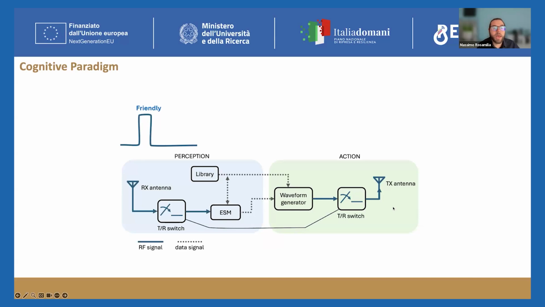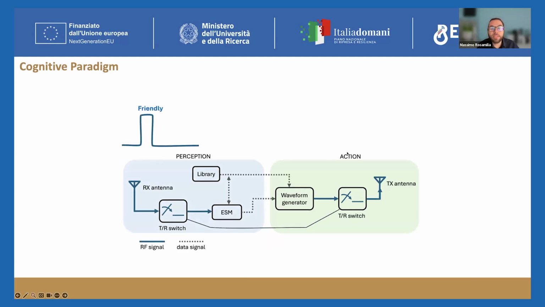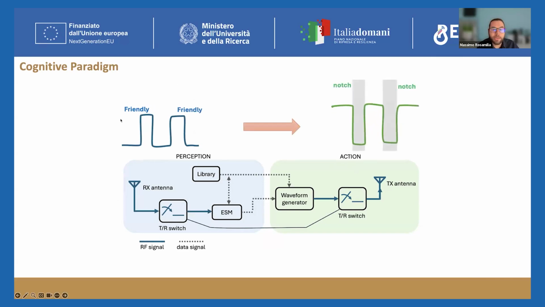So assuming that at the perception stage we recognize the presence of a friendly emitter, in the action stage our goal is to actually synthesize and then transmit a spectrally shaped waveform with a spectral notch where the friendly emitter is operating. Conversely, if at the perception stage we recognize the presence of two friendly emitters, then we synthesize a waveform with two spectral notches.